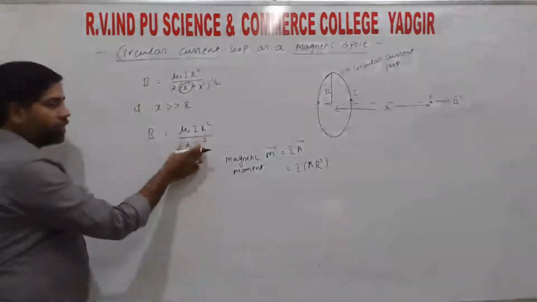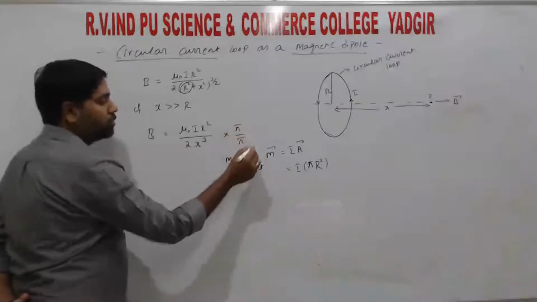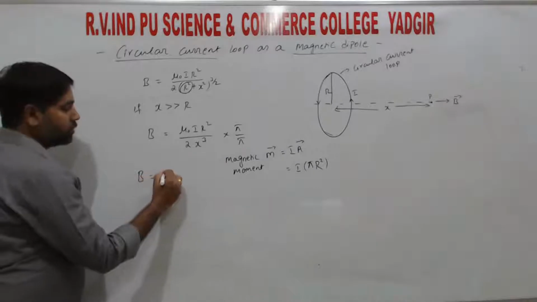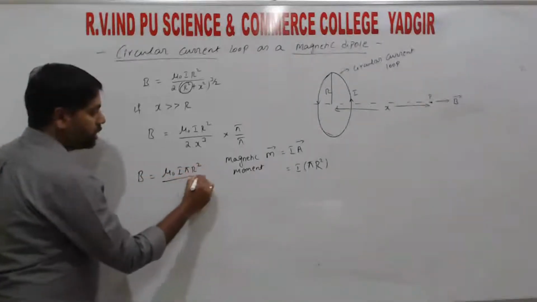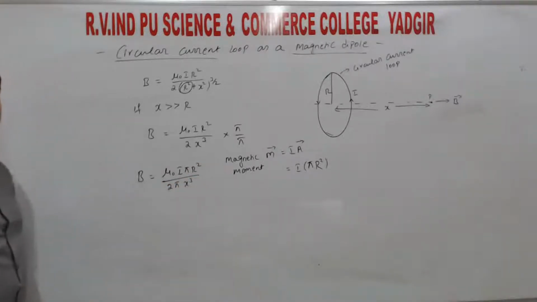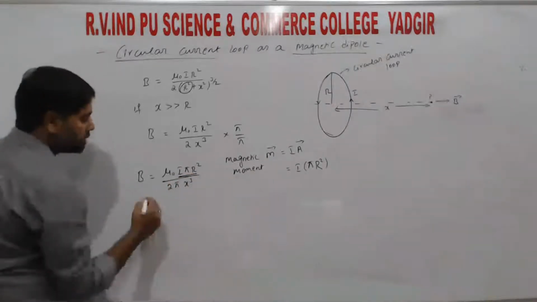So in this equation we do not have pi, so multiply and divide by pi. So numerator and denominator multiplied by pi, so B is equal to mu naught I pi r square divided by 2 pi x cube, right? So this whole term I pi r square, we can write that as m.